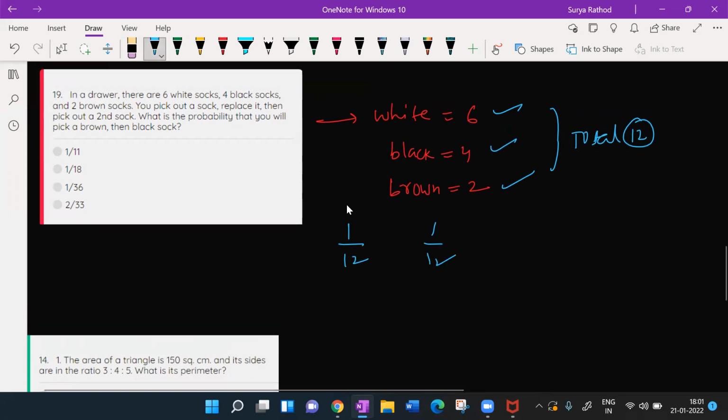But because we are replacing, what is the probability that you will pick a brown then black sock? Tell me. So it will be 2 by 12 plus black sock, meaning 4 by 12. 2 by 12 plus 4 by 12.